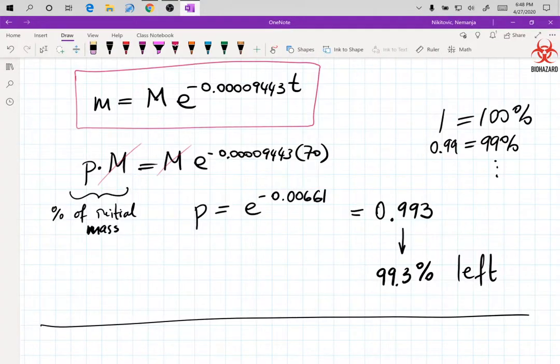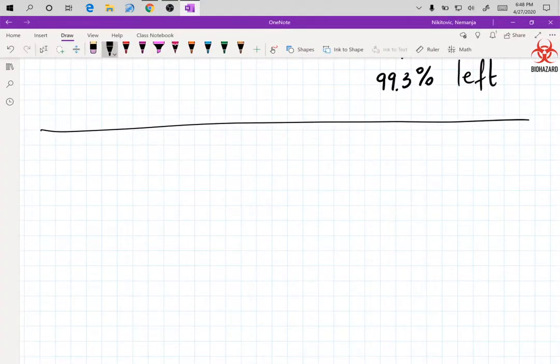Anyway, so we have Advil over here with a biological half-life of 1.9 hours.